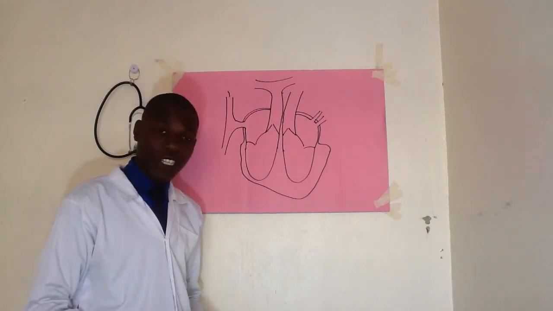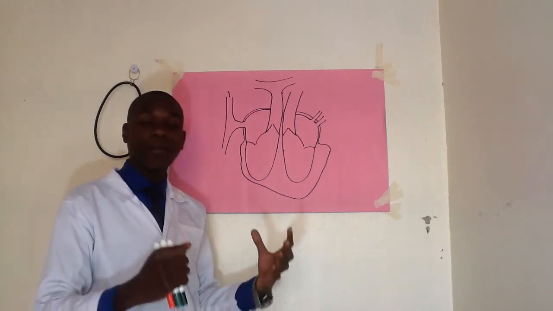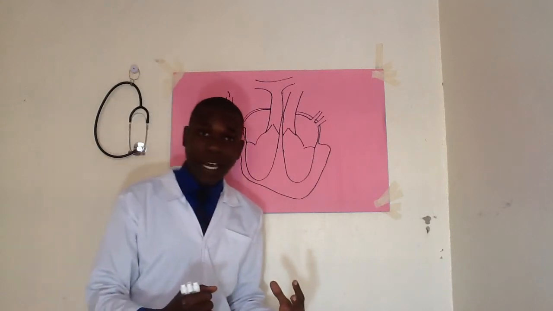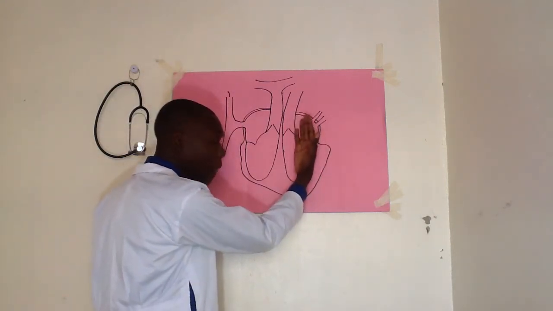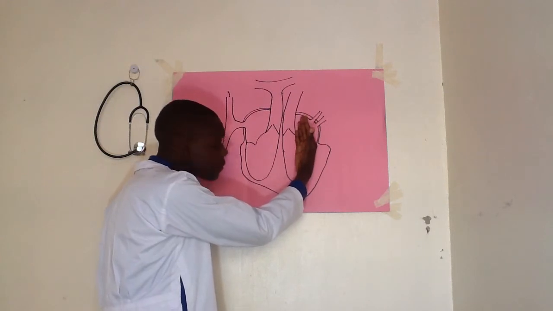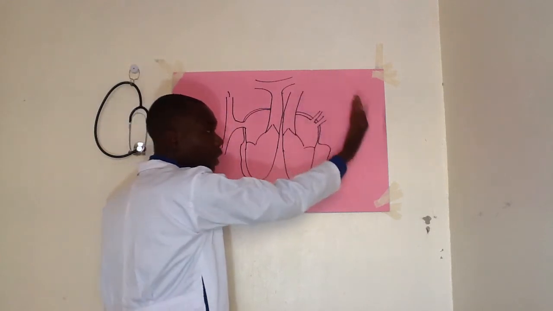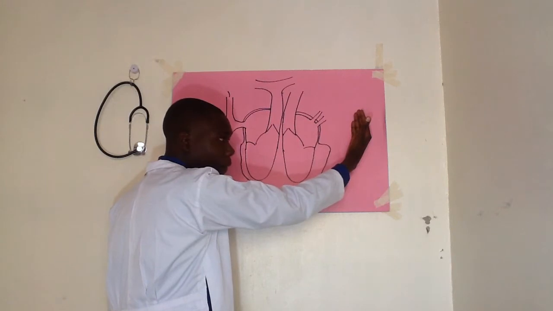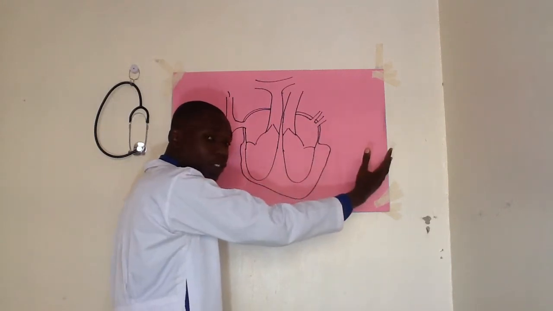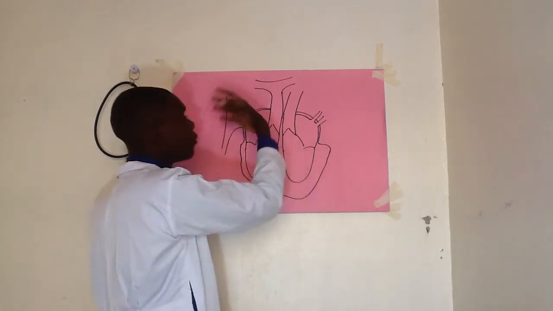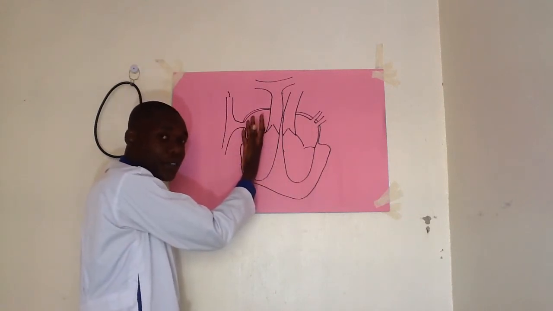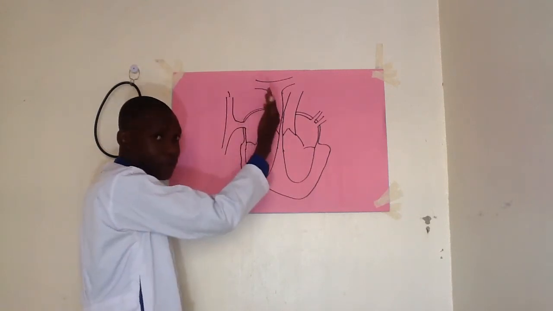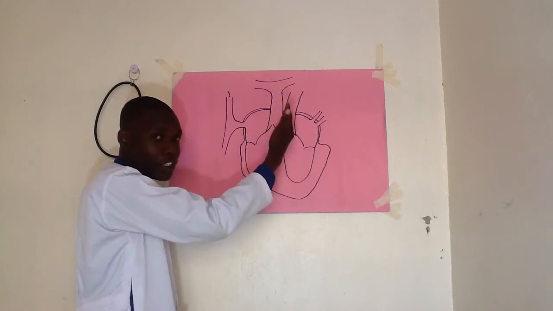The systemic saturation involves oxygenated blood coming from our body pump, the left side of the heart, to the body, giving out oxygen to the body, and back to the right side of the heart when it's deoxygenated, so that it can go back to the lungs and pick oxygen.